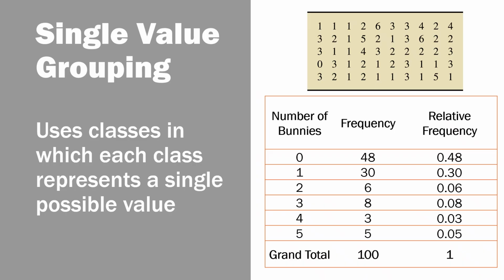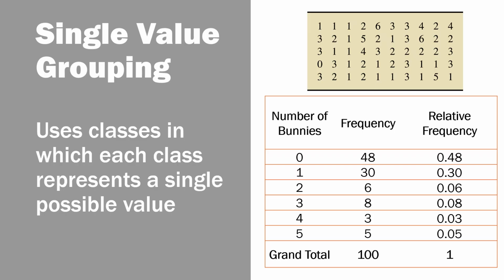All right, our first type of grouping is called single value grouping, and this is really analogous to the qualitative data grouping. It's used mostly for discrete data where we only have a small number of values. So in single value grouping, we use classes in which each class represents just a single possible value. You can see here, this is the survey done of students, I think there were 100 of them, on the number of bunnies that they own.